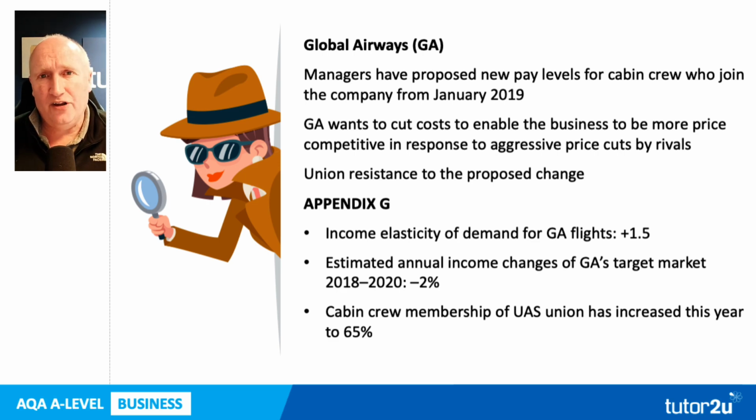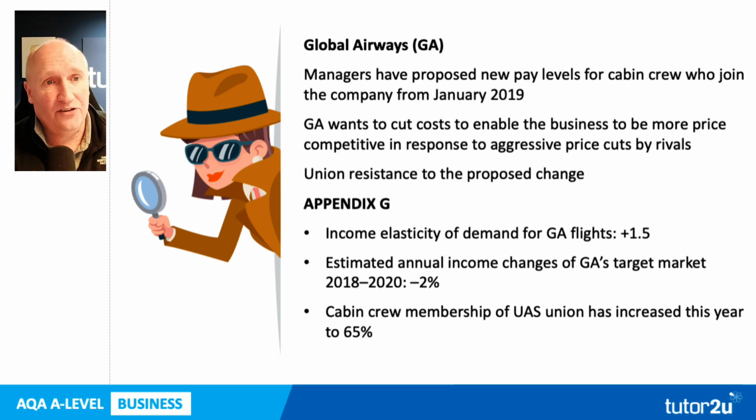We were told that the forecast for the incomes of GA's target customers were likely to fall by 2% over the next 3 or 4 years. And we were also told that the proportion of GA's cabin crew that were unionised had increased to 65% recently. That kind of information would be really useful when it came to answering the question.